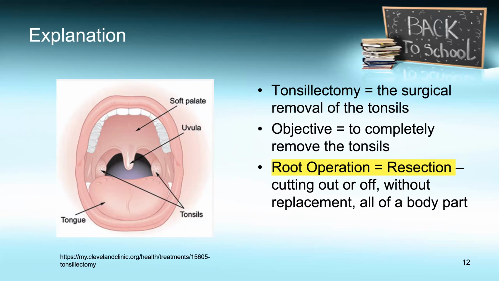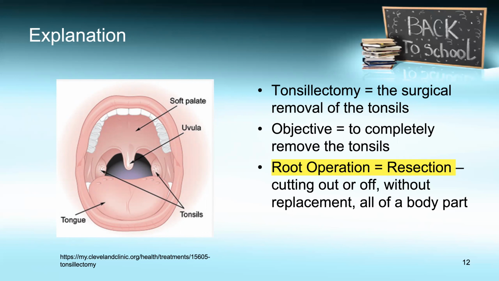So here's our explanation for this one. Tonsillectomy is simply the surgical removal of the tonsils. Tonsil is our body part. Ectomy is the suffix, which simply means the surgical removal. You have to be careful though when you see procedures that are called ectomy, because that tells us that it is a surgical removal, but it does not tell us whether they removed all or some of a body part.